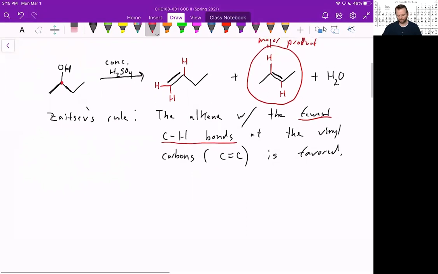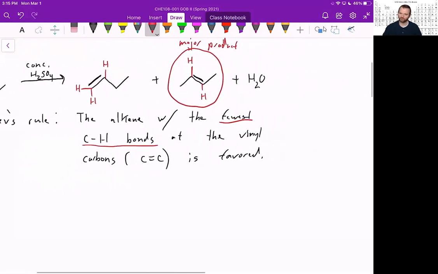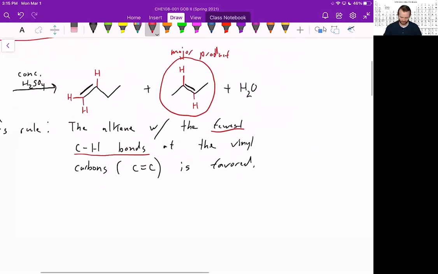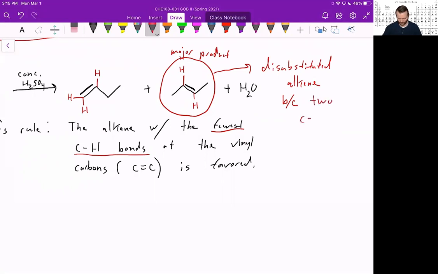And language that's used, this is called a disubstituted alkene, because there are two carbon-hydrogen bonds.